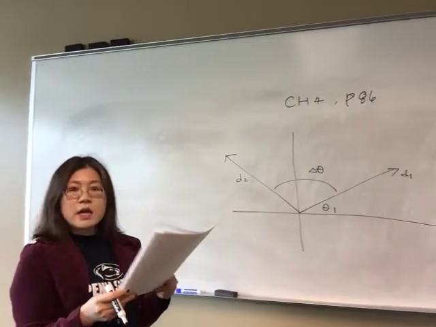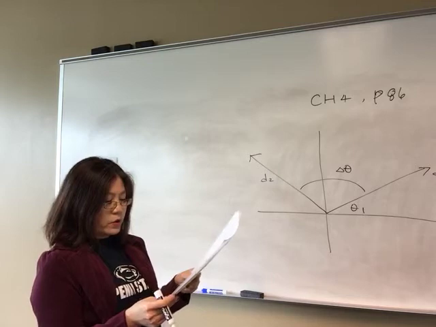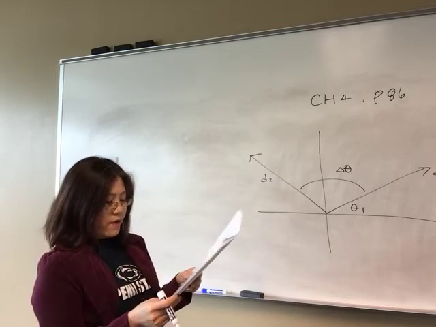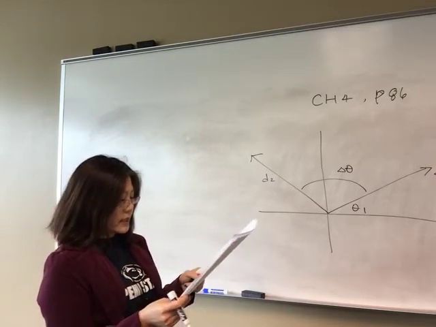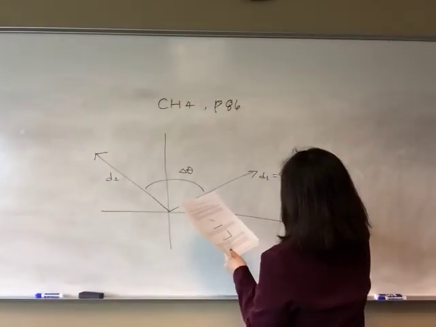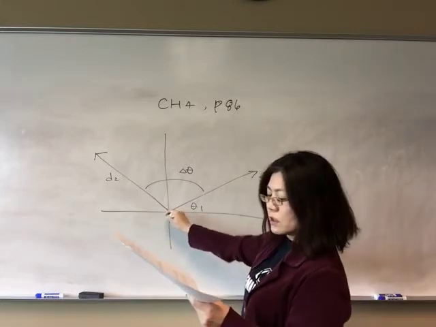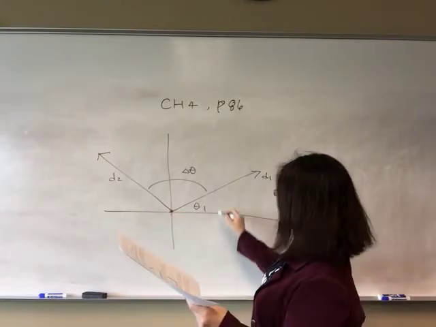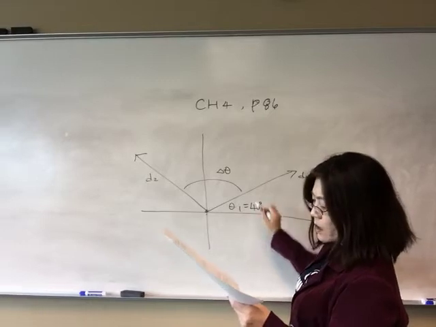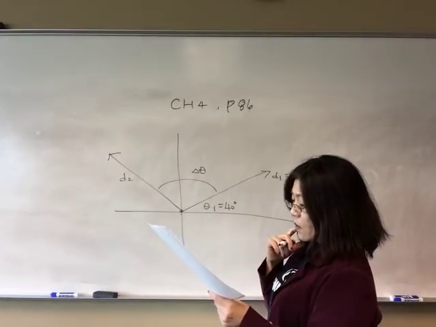86. In the figure, a radar station detects an airplane approaching directly from the east. At first observation, the airplane is at a distance of 360 meters from the station, so this is your station, at an angle of 40 degrees above the horizon.